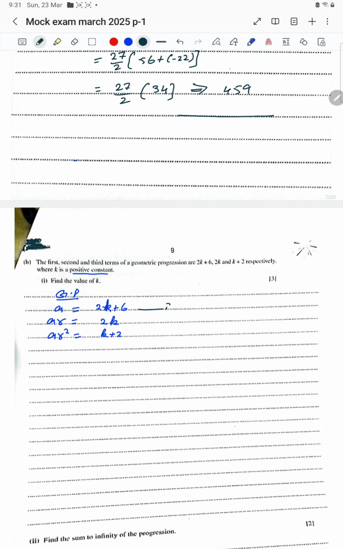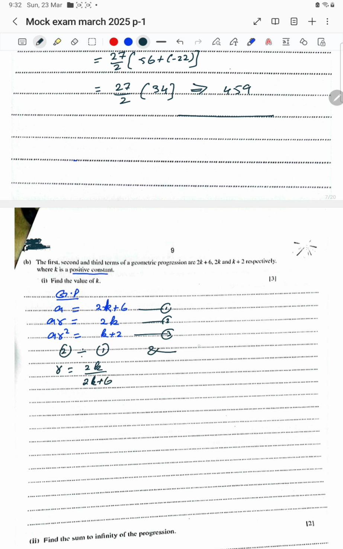So we are given terms 1, 2 and 3. We know that in a geometric progression the common ratio is the same, like the common difference is the same in an AP. So we divide term 2 by term 1, and we get r, because a cancels: 2k over 2k plus 6.